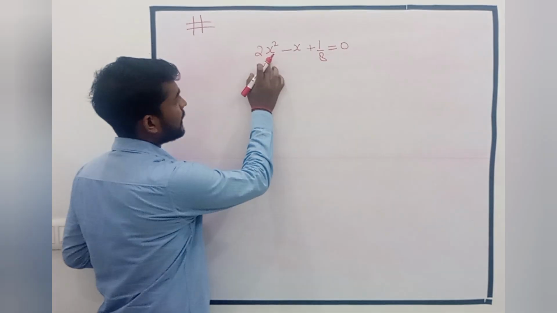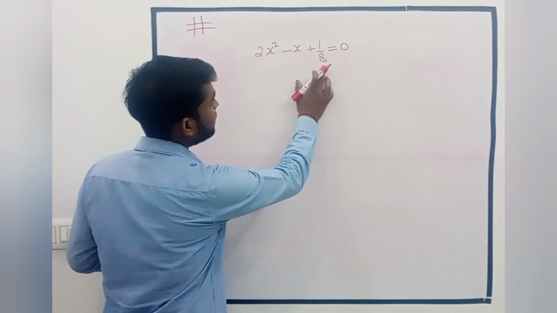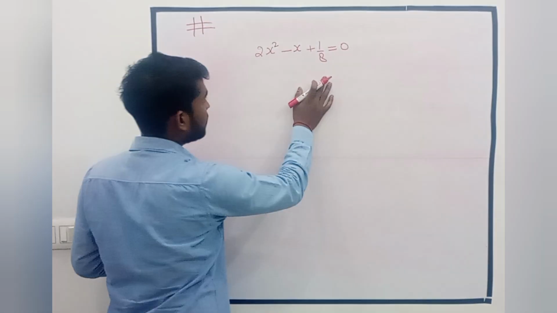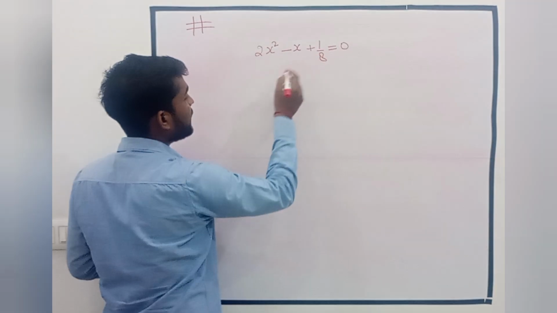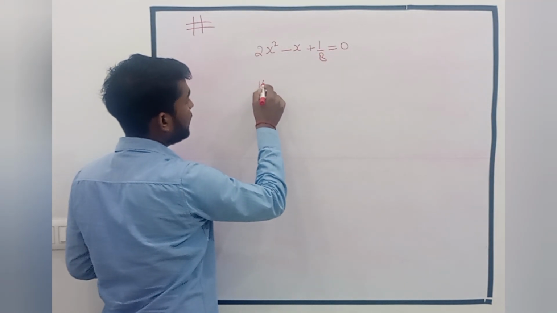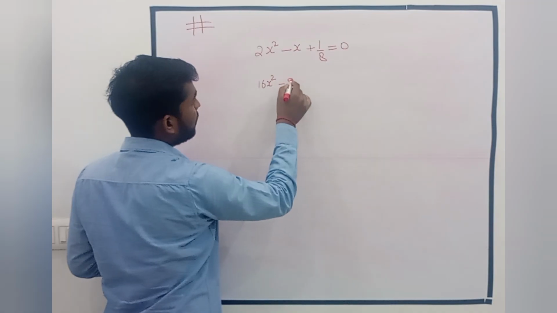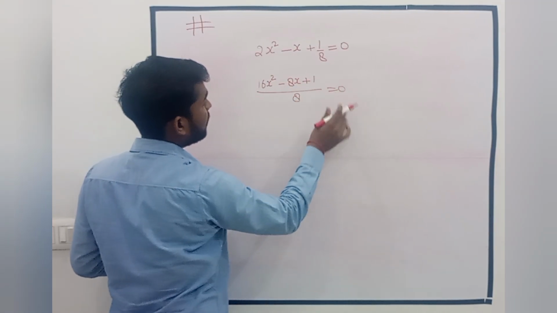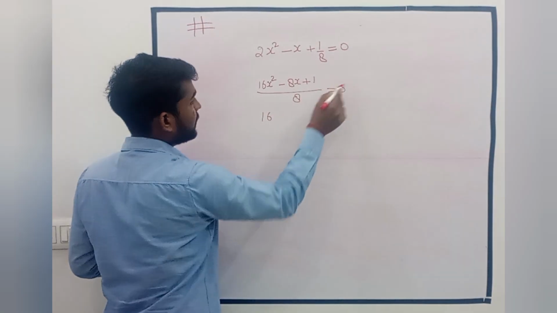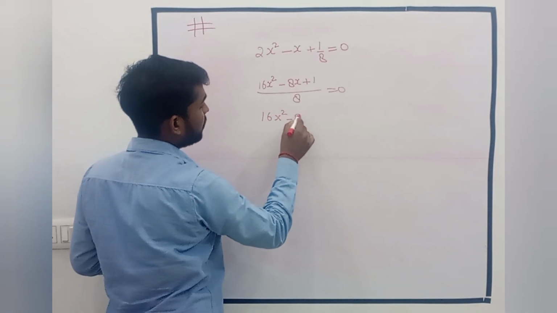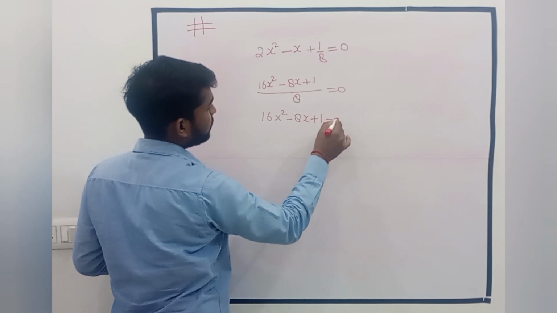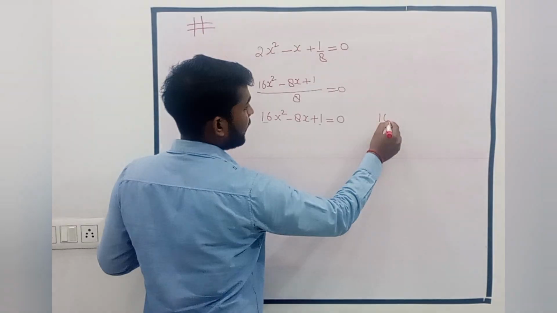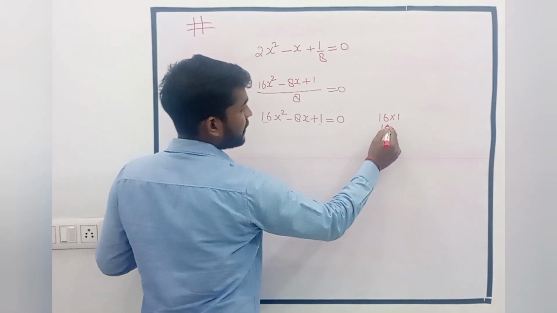This is the x square term, this is the x term, and this is the constant term. Factorization with 1 upon 8 is kind of tough, so we take the LCM, and it becomes 8x square minus 8x plus 1 upon 8. Now we transfer to this side, and we multiply this term and this term, and this is 16.